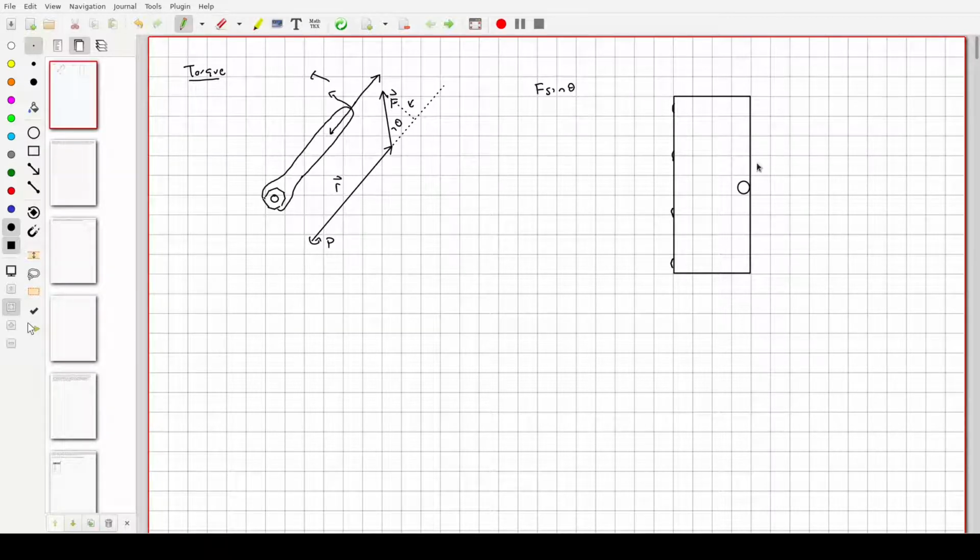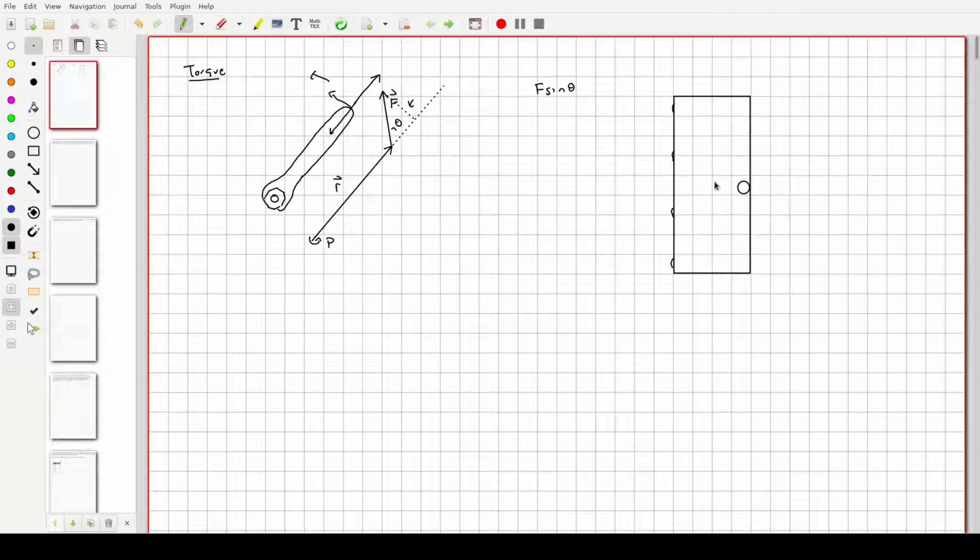Now, if I were to pull this door open or push this door shut, we'll just use pushing the door shut as a good example. I reach, pull on the handle, the door opens, or push the handle, the door shuts. There's a reason why the handle sits way out over here.